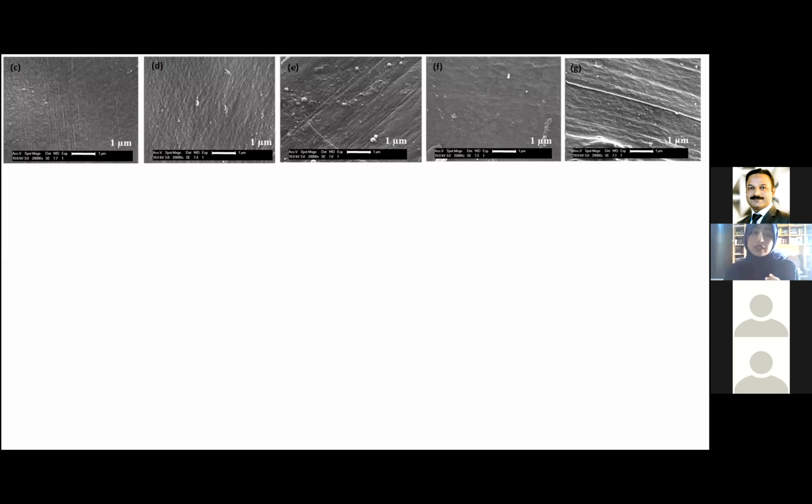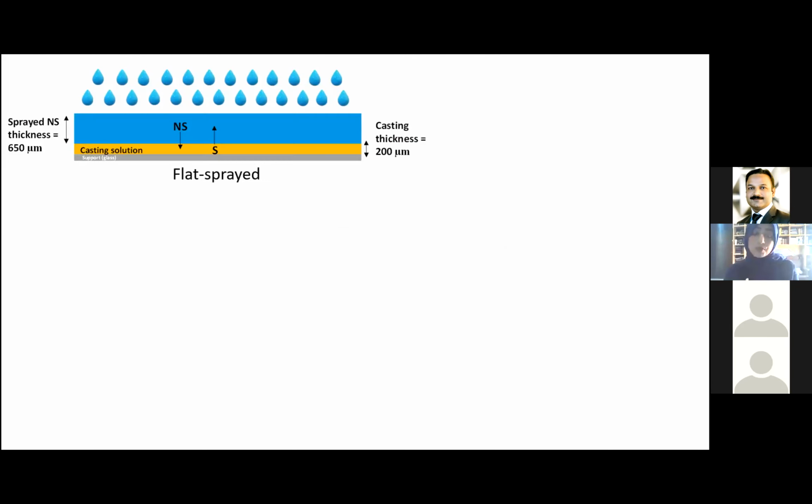So it was important to understand what was happening on the fundamental or basic level, and therefore it was important to understand the phase inversion in these membranes. In the case of the flat sprayed membrane, we could calculate the amount of water sprayed on the membrane, and based on that, it was enough to completely solidify the membrane throughout the cross section, and therefore there was very fast solvent non-solvent exchange, and that can lead to higher surface porosity.